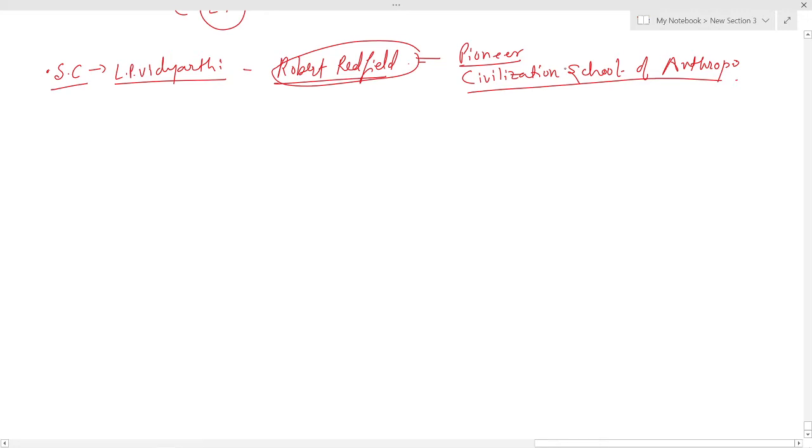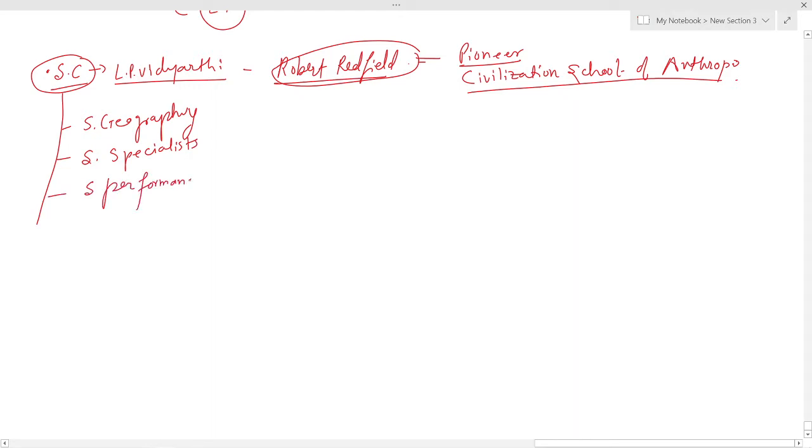So sacred complex consists of certain important things, which include sacred geography, sacred specialist, and sacred performance. Sacred geography means a place or area, for example Tirupati Balaji, Gaya complex, Bodh Gaya, right?